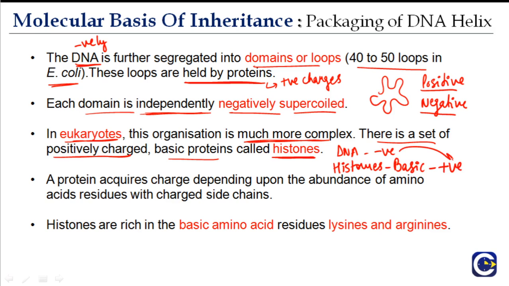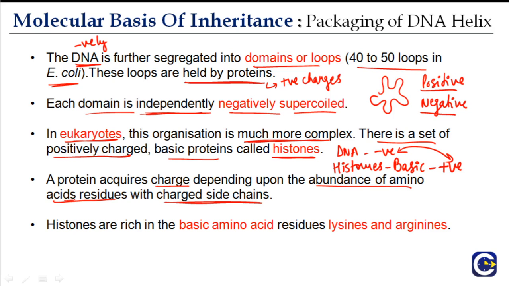So negative attracts positive. A protein acquires charge depending upon the abundance of amino acid residues with charged side chains. We will see amino acid residues in later parts of this chapter, but maybe from your previous knowledge, you know that there are charges on amino acids. So why are these histone proteins positively charged?